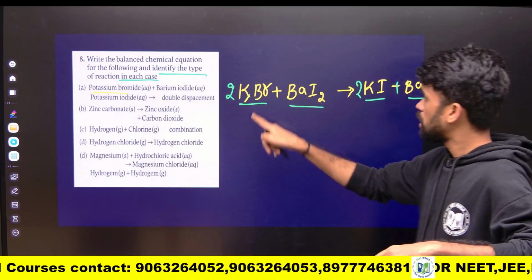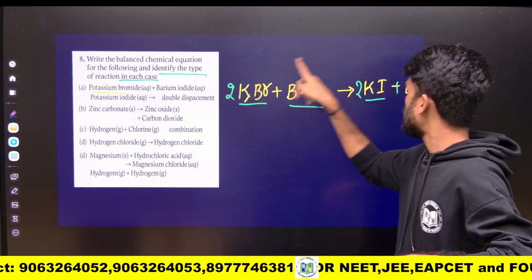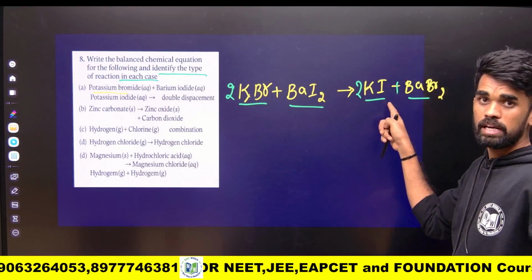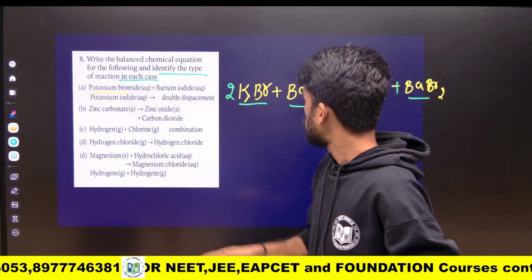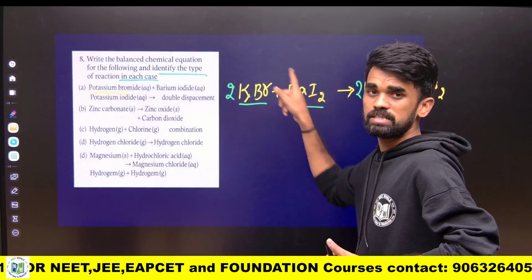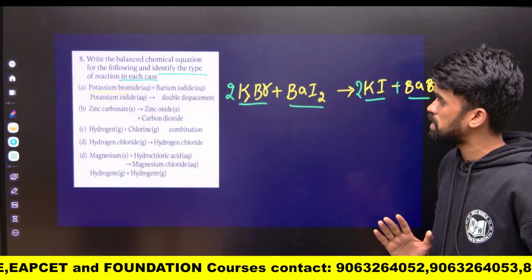So it means these are displaced. Here bromine is attaching with the barium and iodide is attached with the potassium on the product side. It means they are double displaced. So this species is displacing this and this is displacing this. So can I say double displacement? Yes. So this is a double displacement reaction.